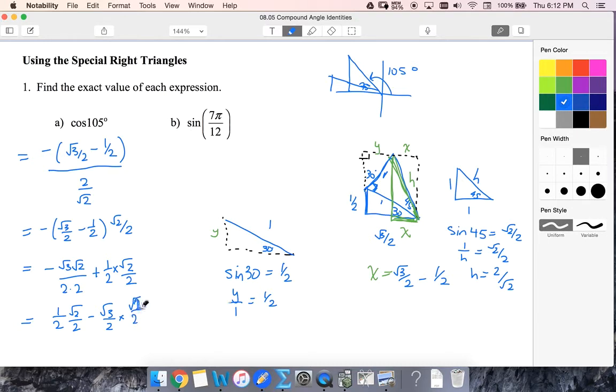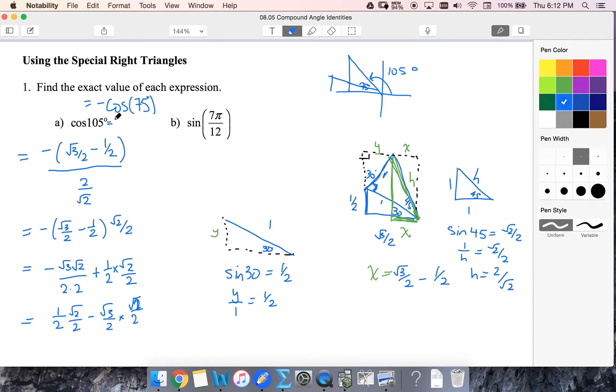All right, so notice our original angles. We said that cosine of 105, we were then looking at the equivalent, so we were saying that that was the same as negative cosine of 75. And remember, cosine of 75 degrees would be quadrant 1. So I was using my reference angle, but I have to make it negative because it's quadrant 2.